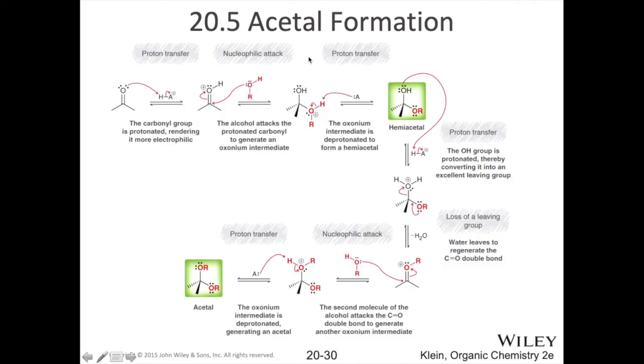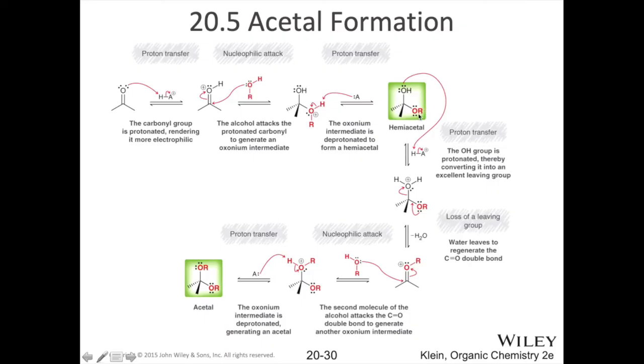Just like with water, we have this charged intermediate, and we can deprotonate that and make a neutral intermediate. Now, this neutral intermediate is called a hemiacetal. The way to tell is you've got an alkoxy group from your alcohol, and your carbonyl has been converted into an alcohol. So you have an OH group and an OR group.